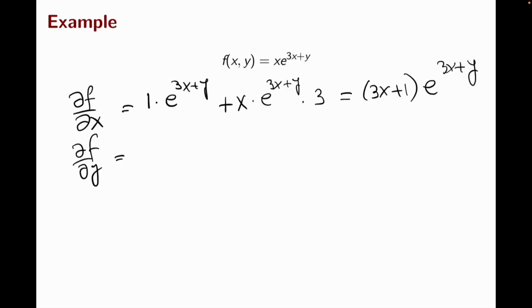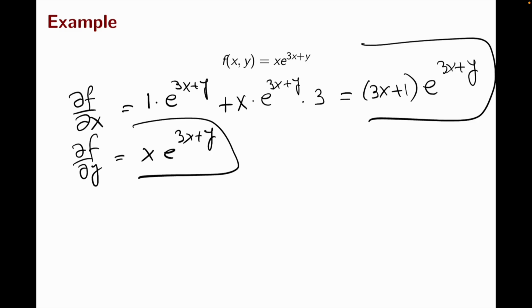So the constant just goes out, and we do just the derivative of e to the 3x plus y, which is itself. Observe that in this second case it was not the derivative of a product, because it was just a constant multiplied by a function. So these are the two first derivatives, the derivative with respect to x and the derivative with respect to y.